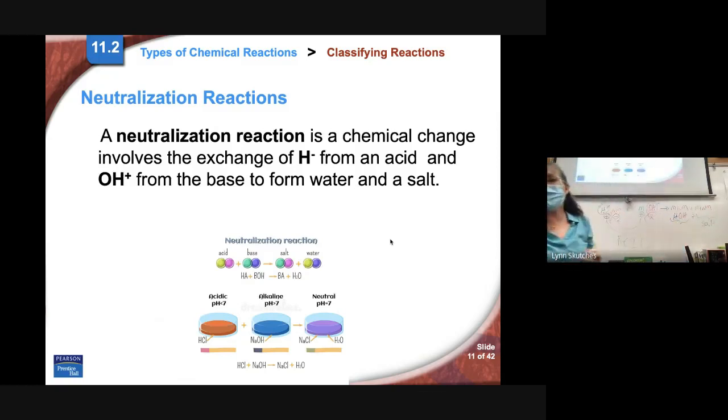Okay, not every salt tastes good. Lots of them will kill you if you eat them, so don't eat them. Just saying. All right, so when pH is measured, you're measuring the concentration of hydrogen ions. And if they're captured by hydroxide ions, then it makes water, which is neutral.